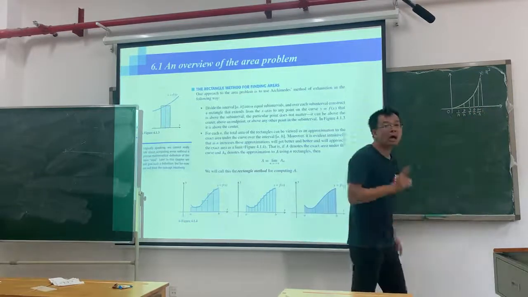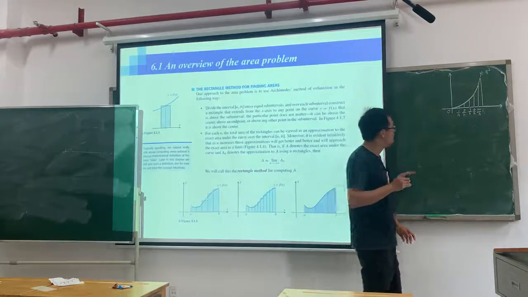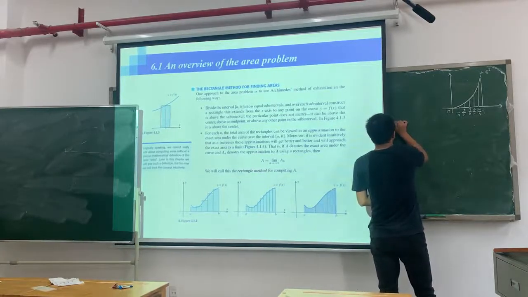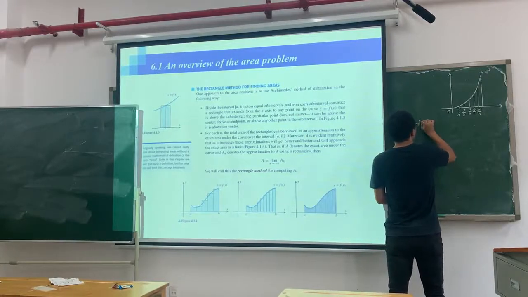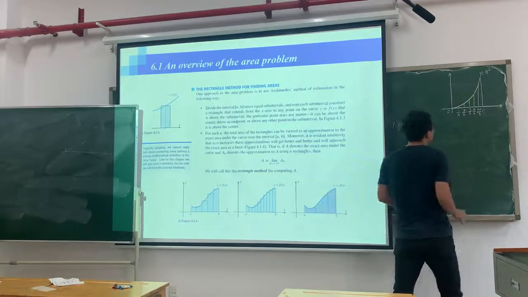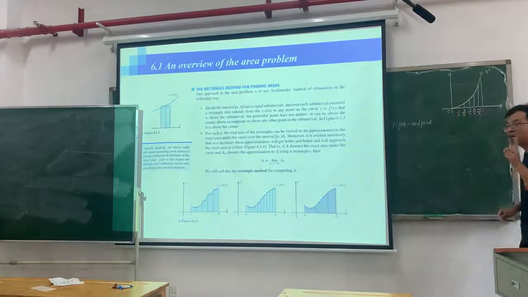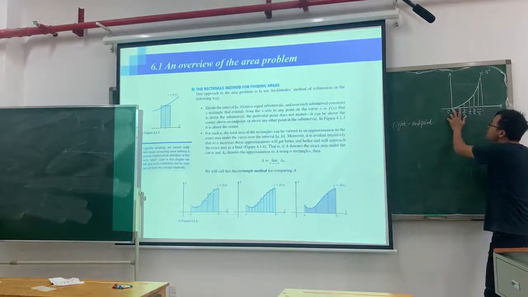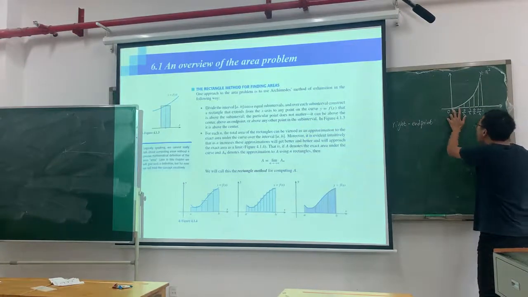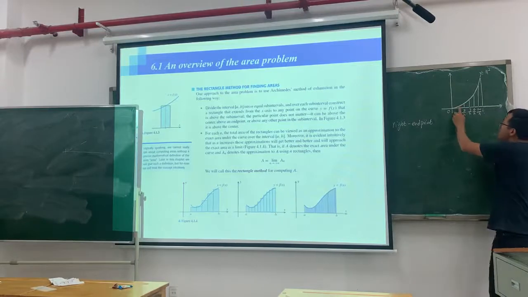Okay, so now we take the right endpoint. So we can see here the first rectangle is what? The length is 1 by n. The y actually, we just take the right endpoint, so the right endpoint is here.